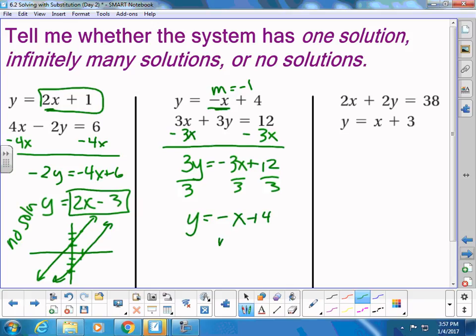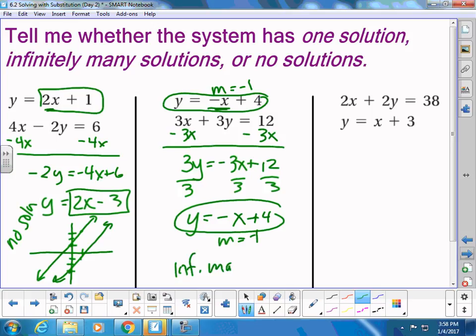My slope here is also negative 1. My y-intercept is 4. So these end up being the same line. So this is infinitely many solutions. It's just different ways of writing the same line.